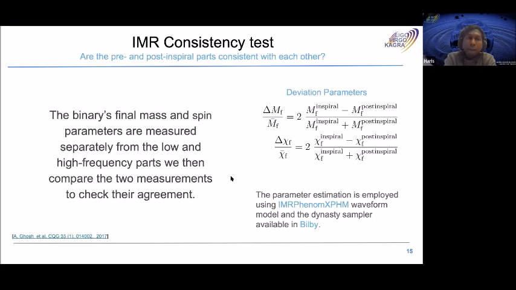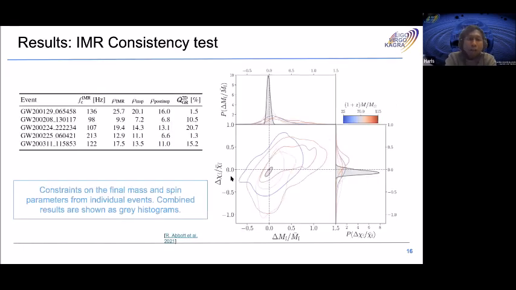Next slide, please. In this slide, we have the main results from this analysis. We perform this test on 5 events. The choice is made based on the SNR of these events in the inspiral and post-inspiral region.